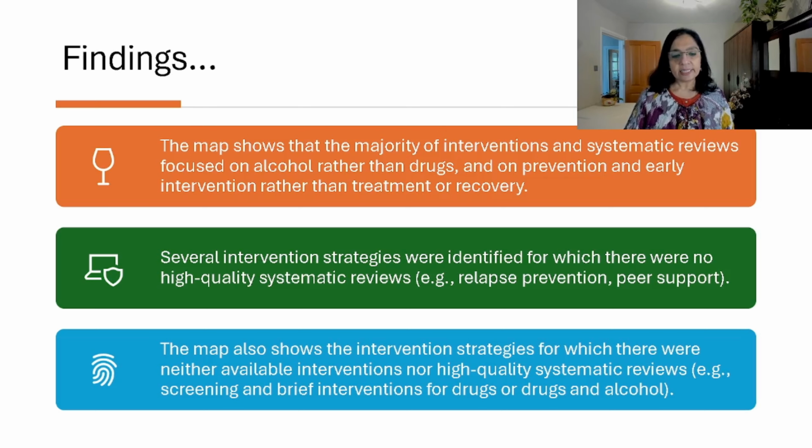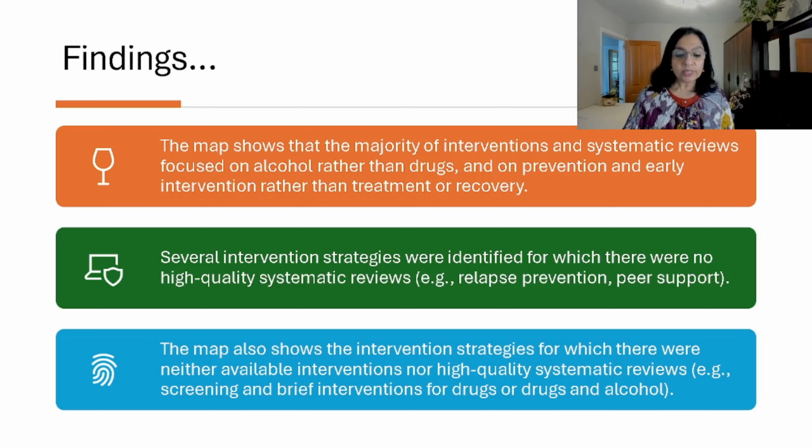Several intervention strategies were identified for which there were no high quality systematic reviews. If you look at the map, you can see interventions are clustered around certain aspects of the pathway, and there were not many systematic reviews supporting these interventions.